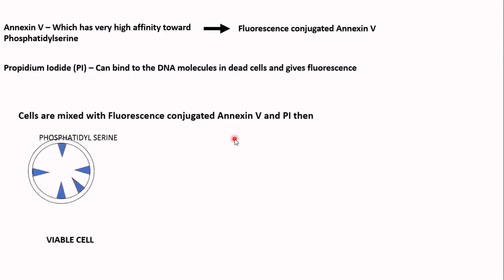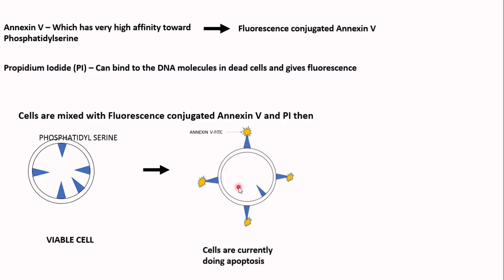Okay, so we have viable or healthy cells where the phosphatidylserine is present inside. So when I mix the annexine 5 and PI, from the viable cells I will not get any fluorescence. Why? Because phosphatidylserine is present inside the cell, so annexine 5 cannot bind, and as the cells are live, propydium iodide cannot go inside and bind, right? Once these cells enter into apoptosis, what is happening?